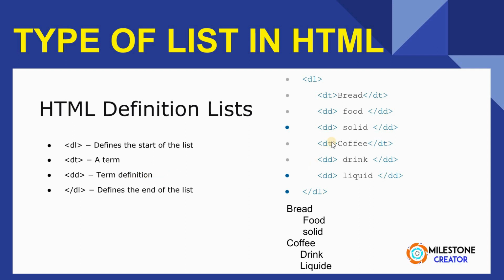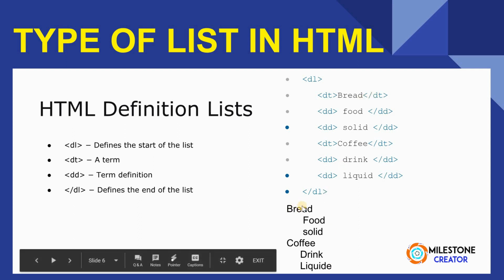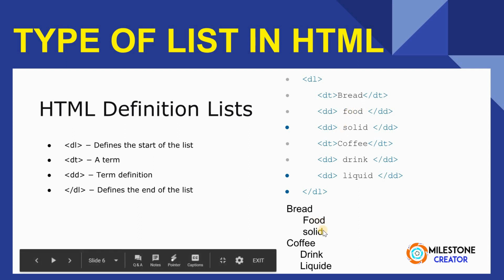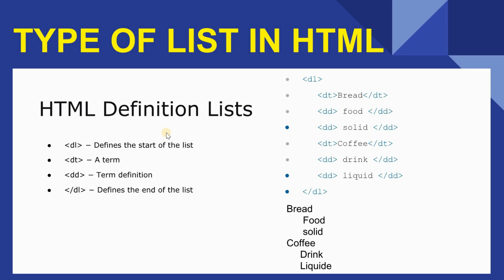Here you can see the example. First of all we start the DL tag and close the DL tag, then whatever we write inside this DT tag will come as the heading, and whatever we write inside this DD tag will come as the subheading. In this way we will use the definition list in HTML.